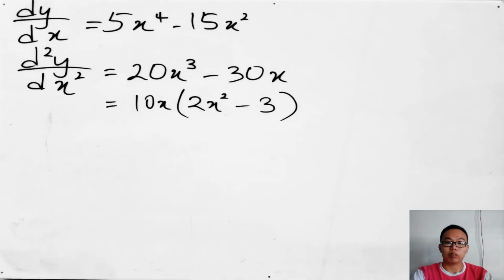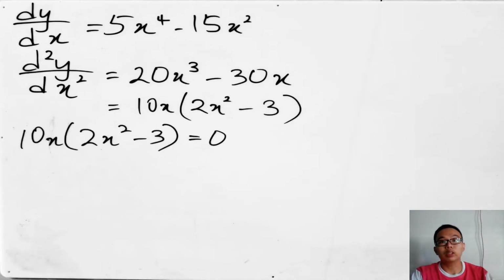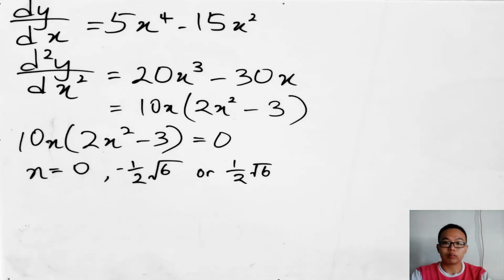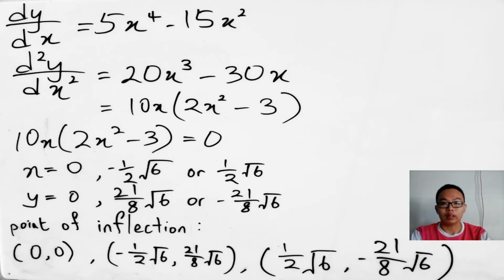We need to simplify it, and then for the inflection point, the second derivative must be equal to 0. And then we can solve the equation to get the x point. There are three x points, so we can expect that there are three respective y points. And these three points are the points of inflection.